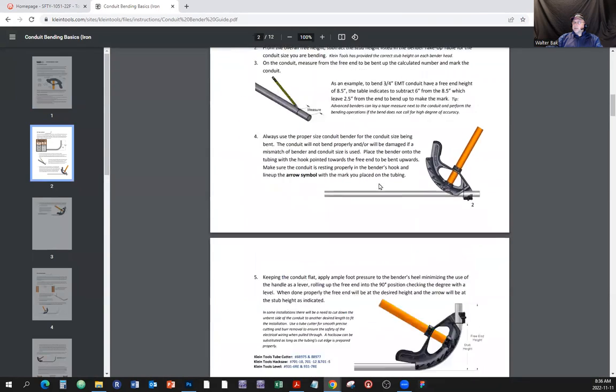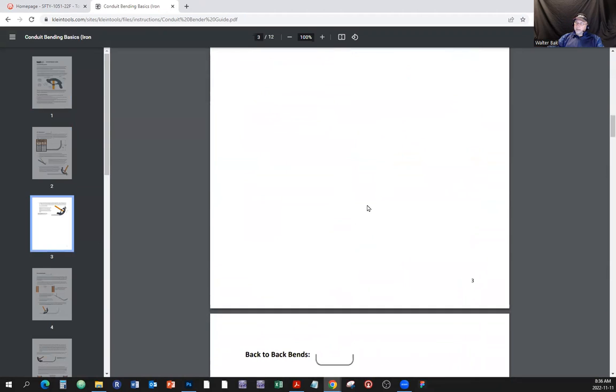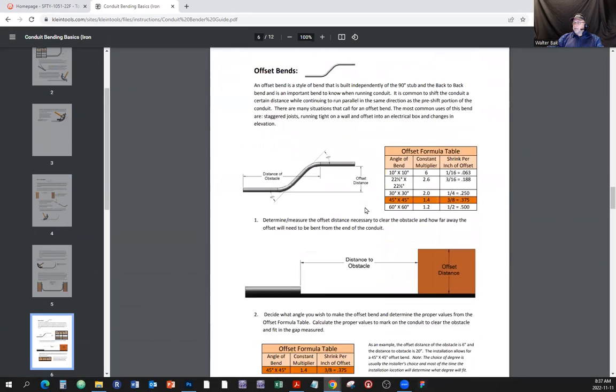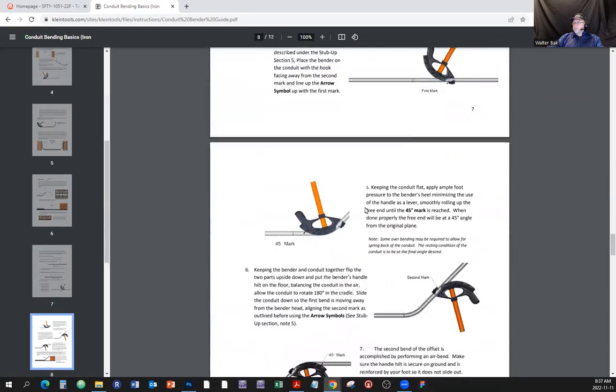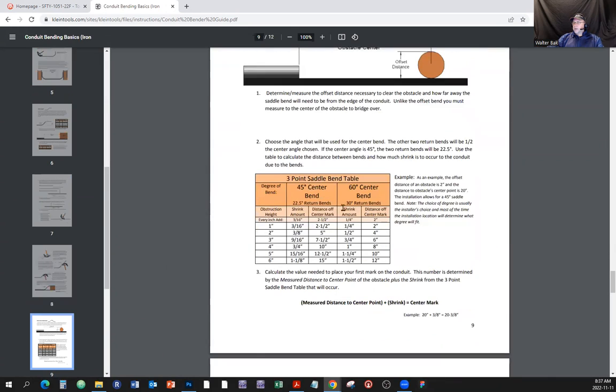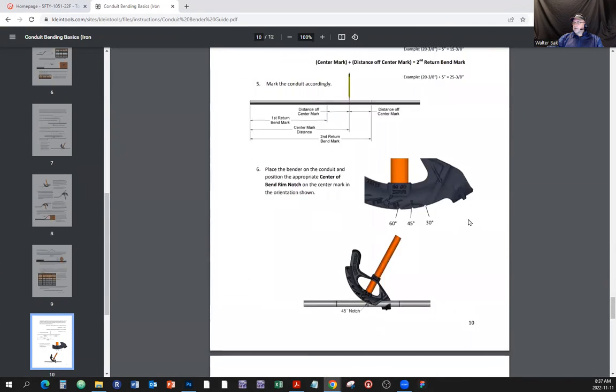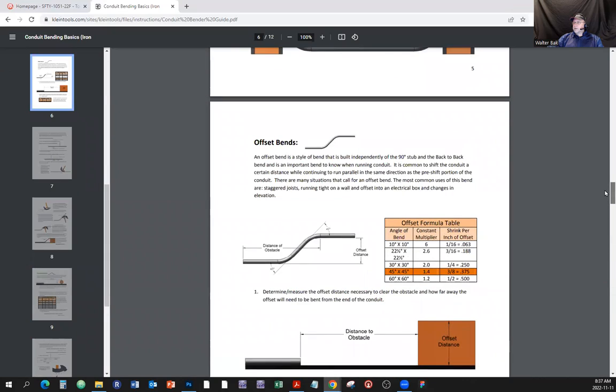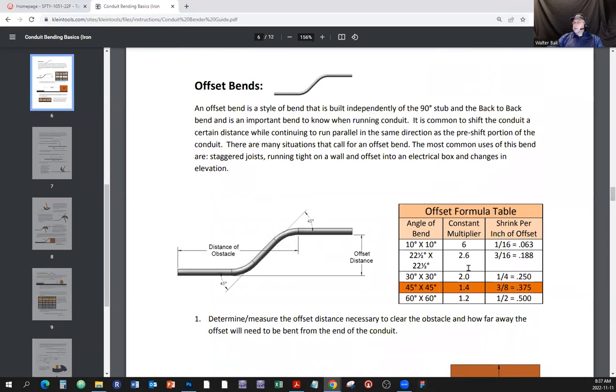We looked at the Ideal pipe bender guide. Let's see the table for the offsets. What do they have here? There's got to be some offset formula table. All right. Angle of the bend, 10 degrees, 22.5, multiplier, and shrink per inch.